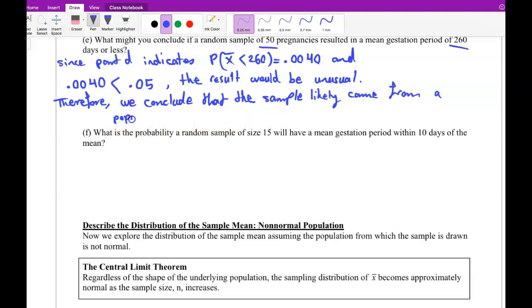So that came from the population where the mean was, for this population, the mean was 266.